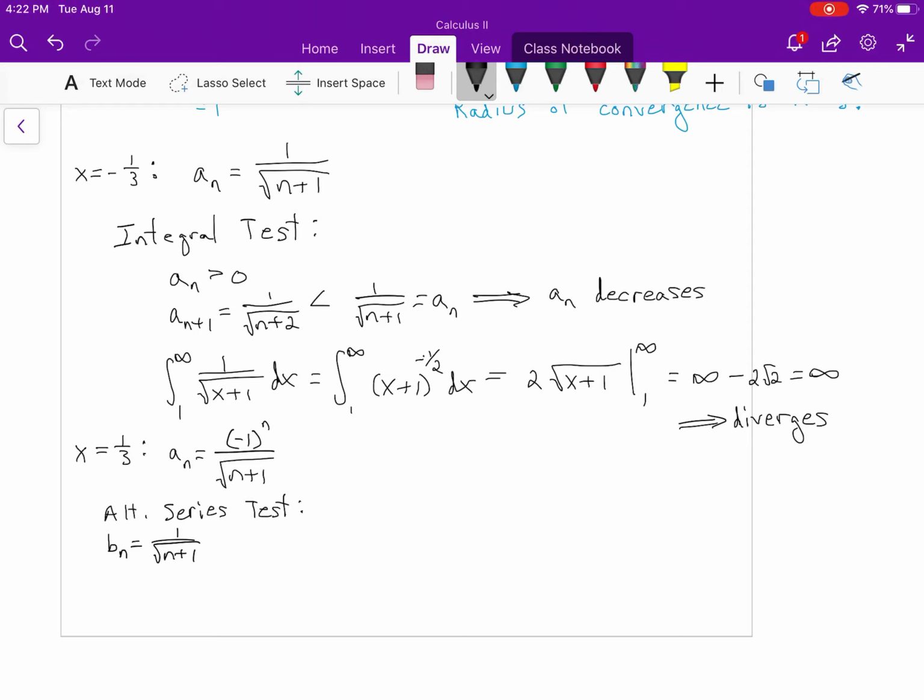And just above, we had demonstrated that not only is b_n positive, but it's decreasing also. And we also need to show that the limit as n goes to infinity of 1 over the square root of n plus 1 is 0. And so since both of these are satisfied, this means that the series converges in this case.